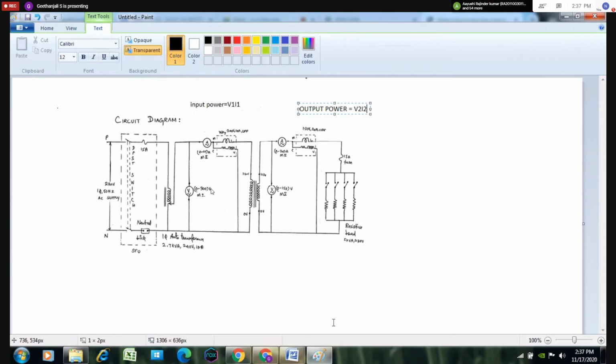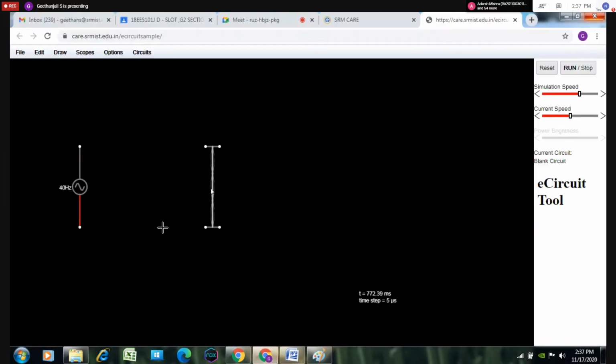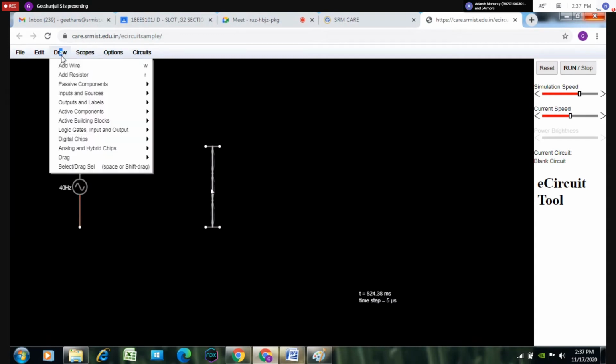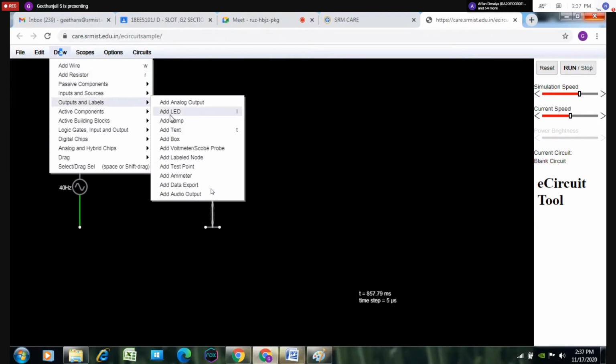Ammeter, voltmeter. Supply side is over, the transformer we kept. We need 1 voltmeter, 1 ammeter. Where is it available? Go to draw, outputs and labels, add ammeter. So draw the ammeter here. Then we need the voltmeter.